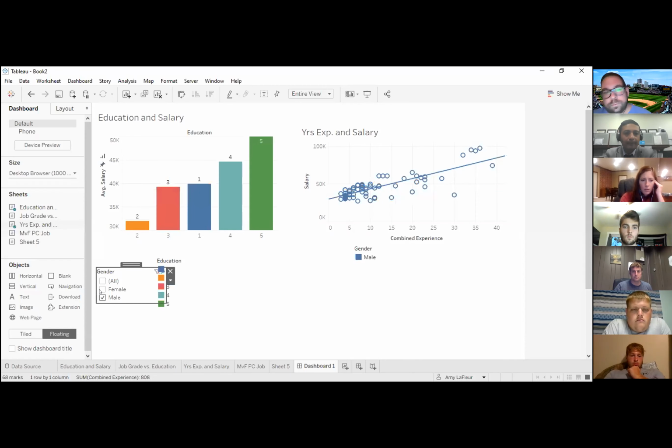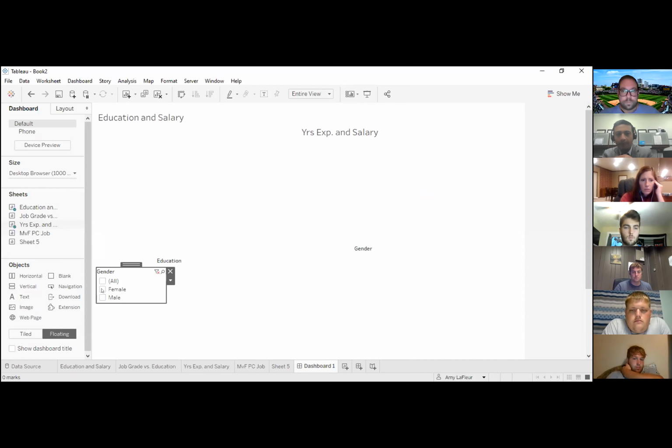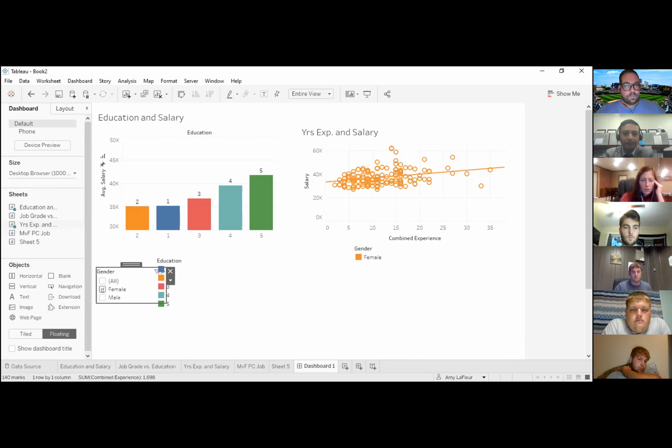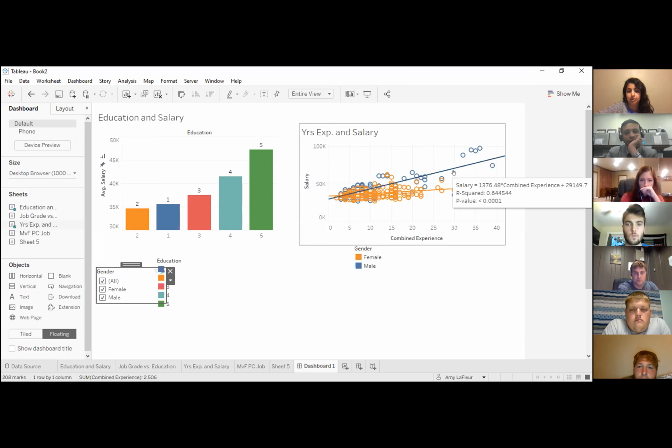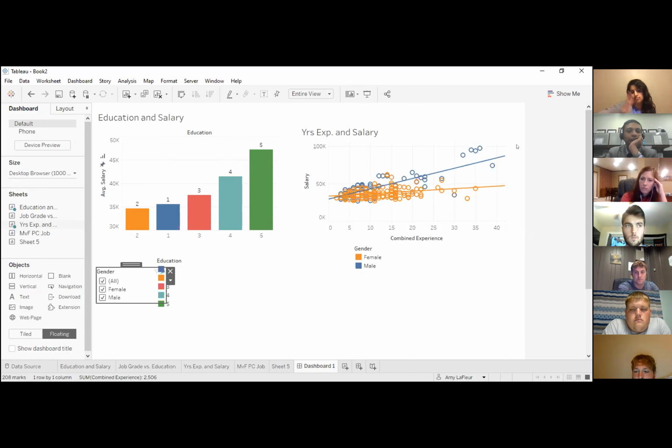So we have this male and female filter. What's the storyline here? If you click both, you can tell, the legend says that the orange scatter plot is the females and the blue is the males. And Dr. B helped us observe that the linear trend of the males is a much higher line.